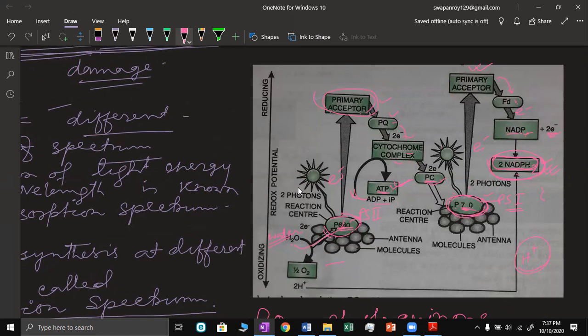We know that in photosynthesis carbon dioxide is utilized, but in this first process there is no use of carbon dioxide.